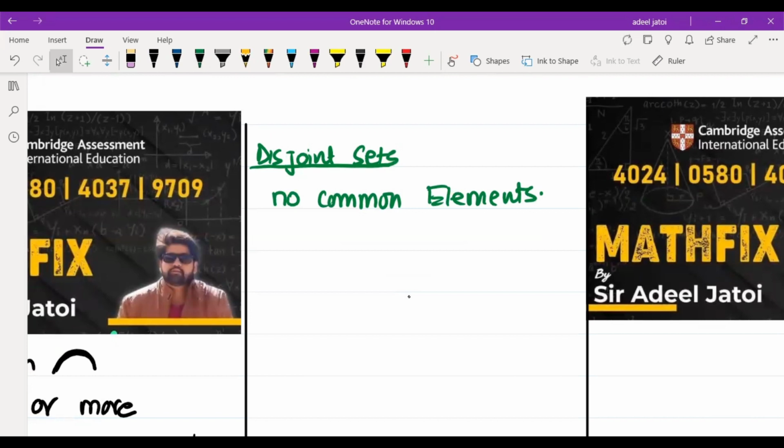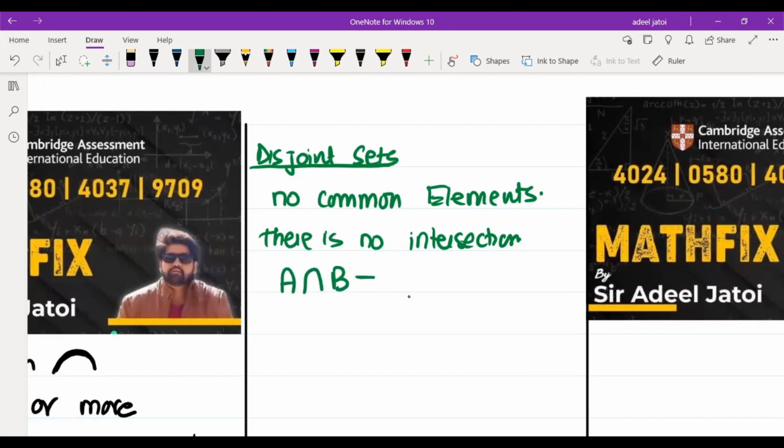That means there is no intersection between the sets. That means A intersection B will not be possible, which means it will give you a null set, an empty set.